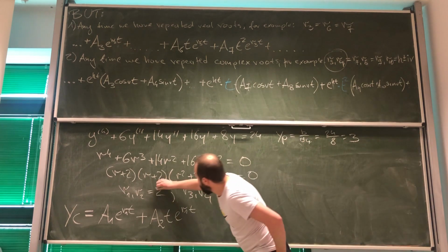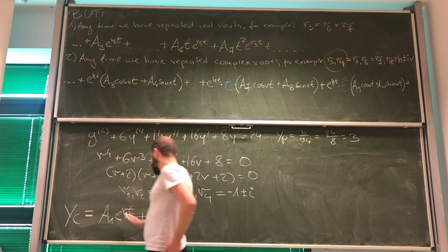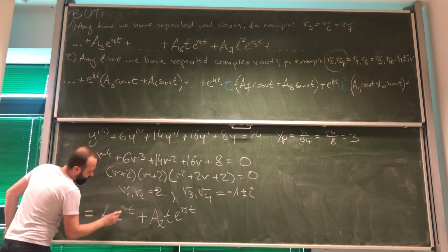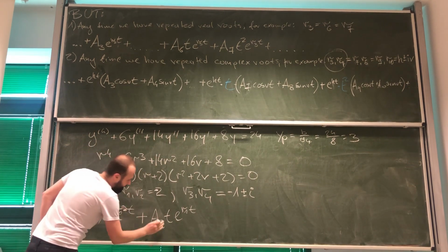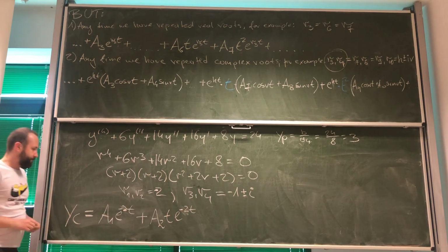Oh, and of course here it should be -2. Okay, let's just substitute the outcomes: -2 and -2 over here.